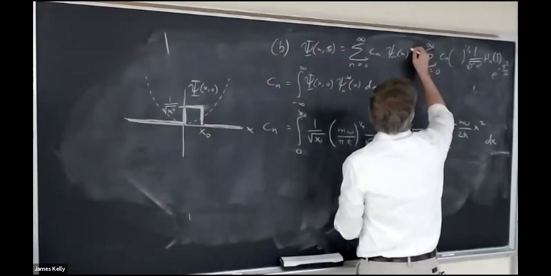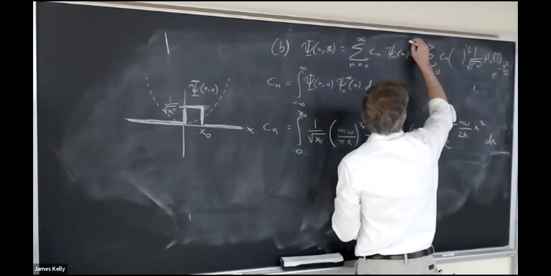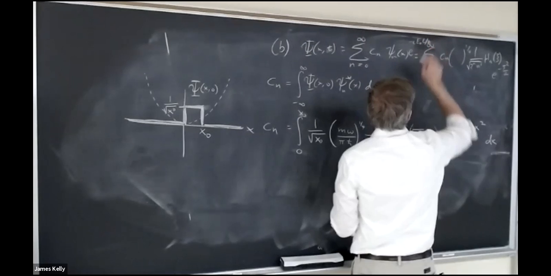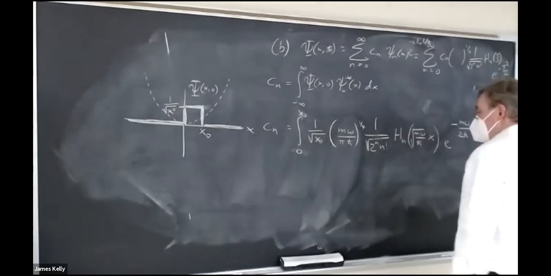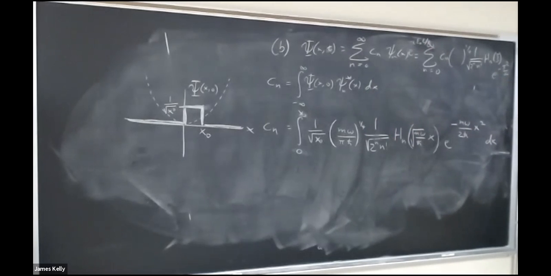And we know what we do is in each one of these terms, we just add a factor of e to the minus i En t over h bar. And I know explicitly what En is now, so I'm going to put that factor multiplying the appropriate psi n here.